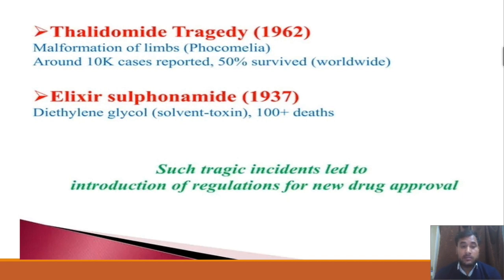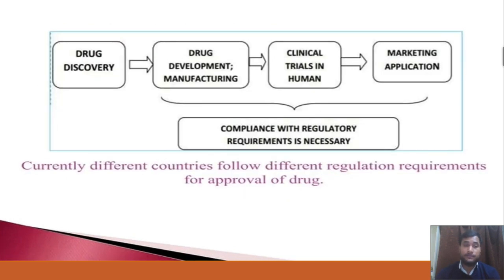Second, we have the elixir sulfonamide tragedy, which happened in 1937, in which 100 plus people died due to the misjudgment of workers in the manufacturing department of a pharmaceutical company. Such tragic incidents led to the introduction of regulations for new drug approval worldwide. Now move forward to the next slide.